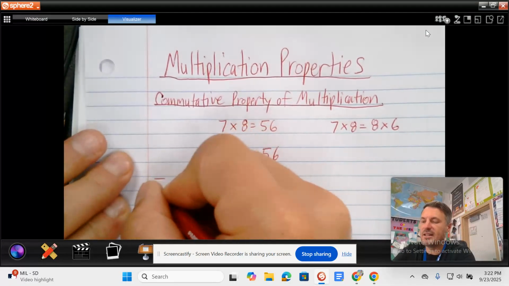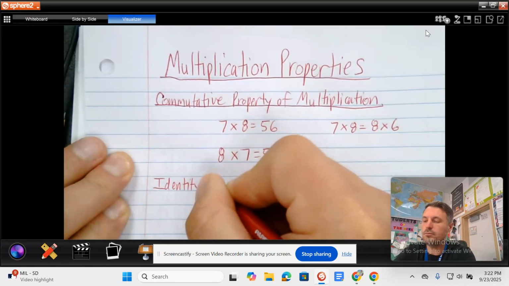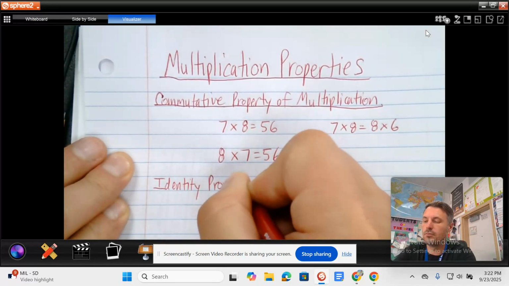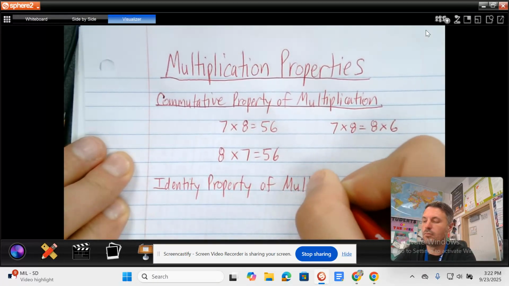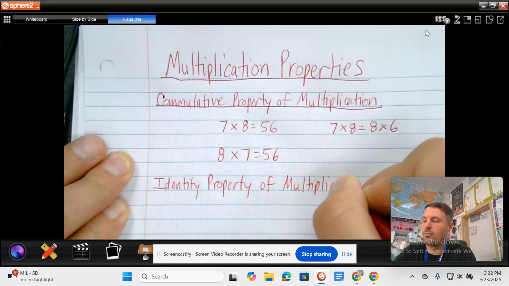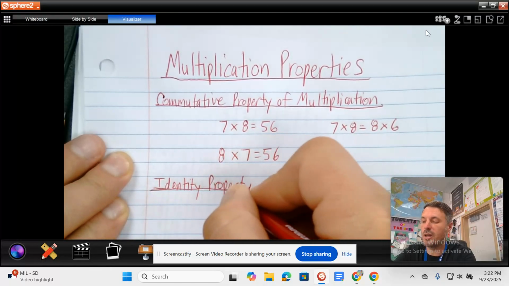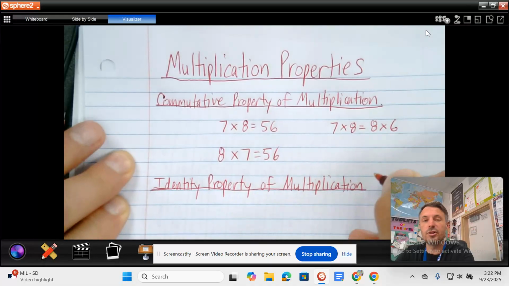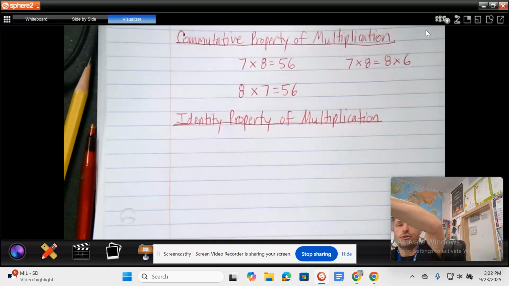Next, the identity property of multiplication. Now, you probably remember the identity property of addition. This one's a little bit different when it switches over from addition to multiplication.